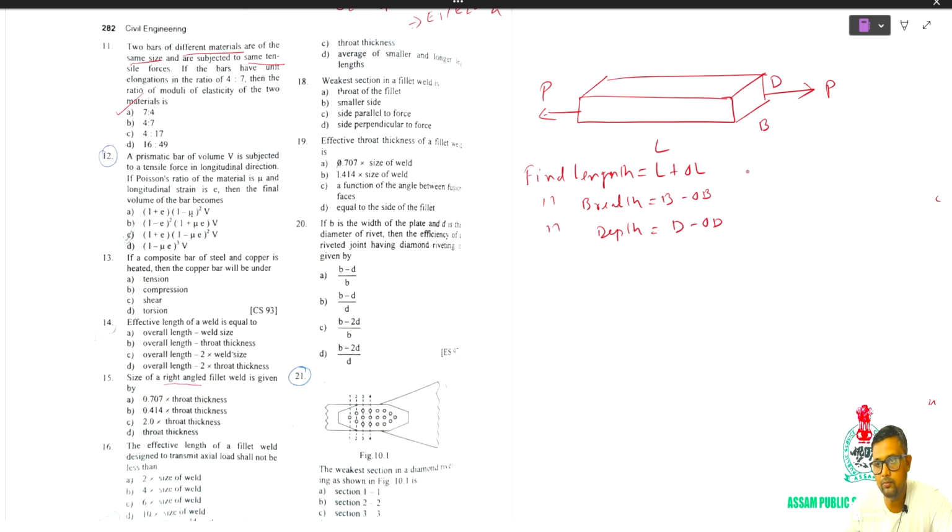So what is the final volume? The final volume is (L plus del L)(B minus del B)(D minus del D).